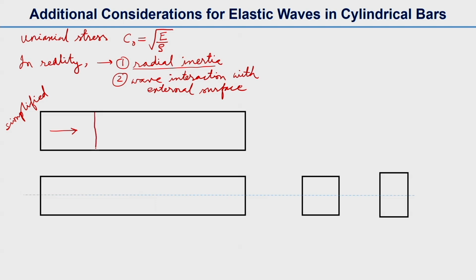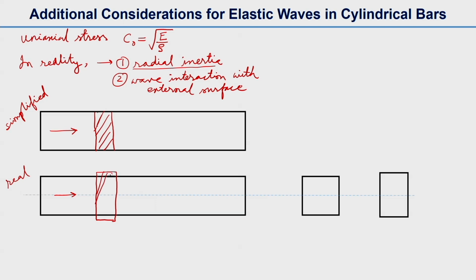We think that this compressive stress wave coming from left to right will compress a small section of the bar, and that way the compressive wave travels from left to right. But in reality, when the compressive wave travels from left to right, this section will be slightly expanded in the vertical direction.